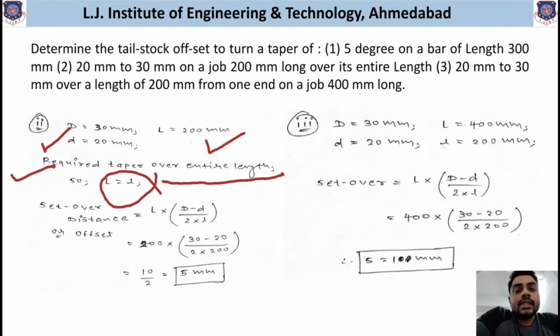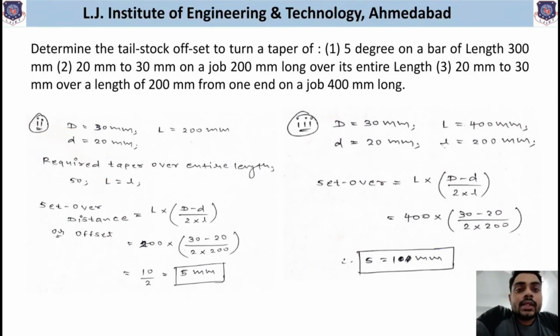So now we will use the set over distance equation that we have studied. You can see over here set over distance is equal to capital L into capital D minus small d divided by 2 into small l. Over here capital L is 200, capital D is 30, small d is 20, divided by 2 into our small l, that is nothing but the distance over which we need to provide the taper.